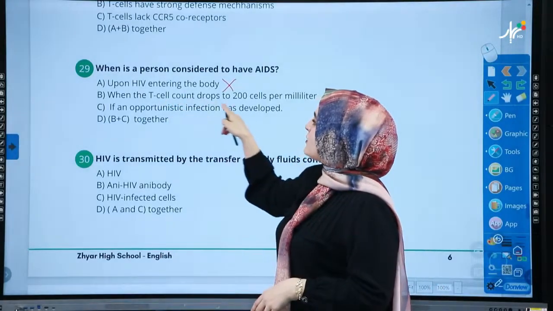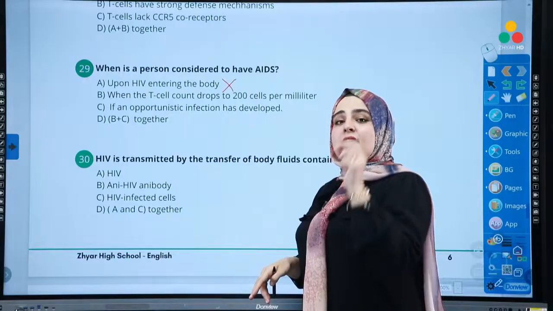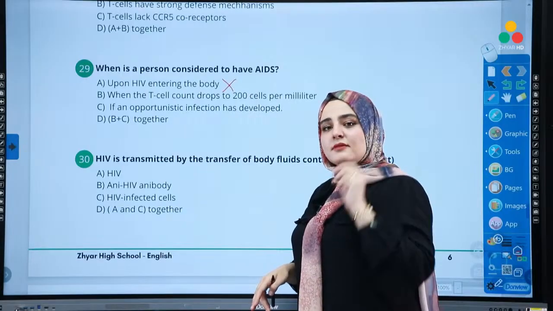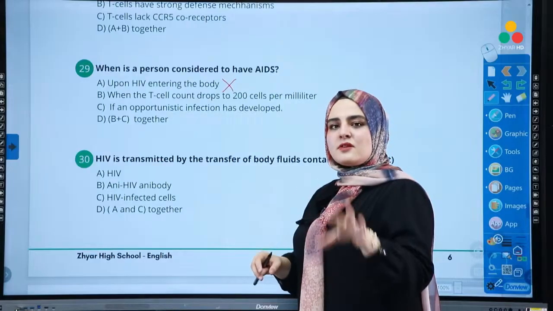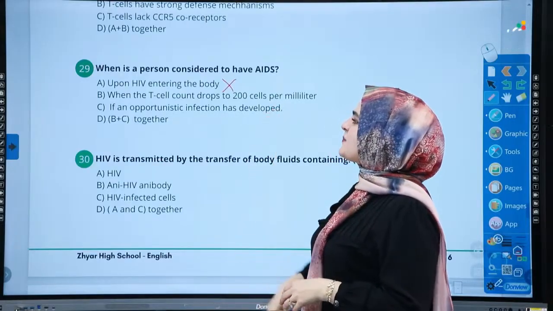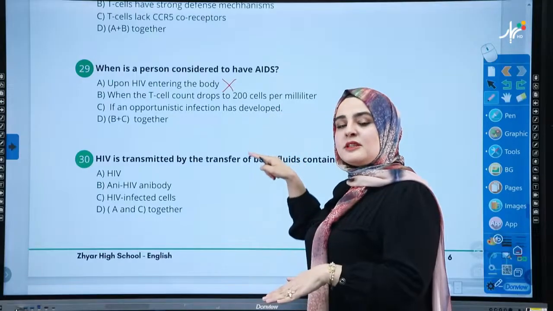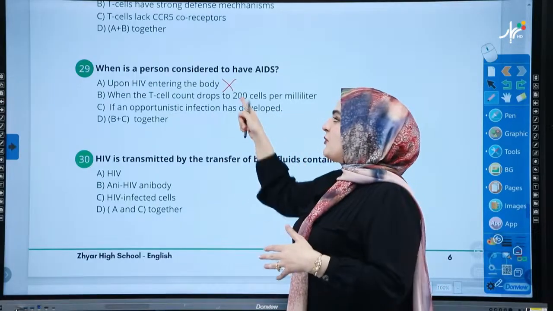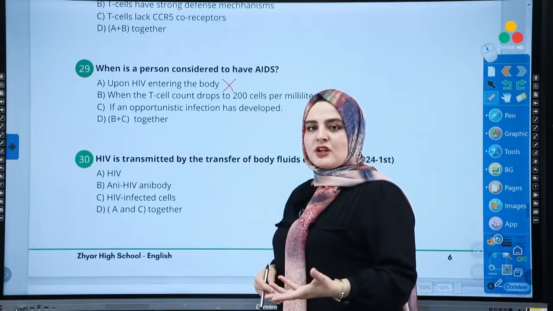When the T cell count drops to 200 cells per milliliter, this is from the book, this is the major sign of having AIDS, the onset of AIDS, and it's the third phase. But since we have very low immunity, even before we check this, another thing could tell us, which is opportunistic infection.